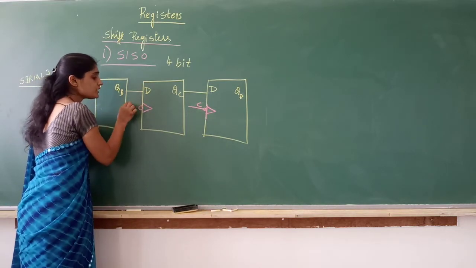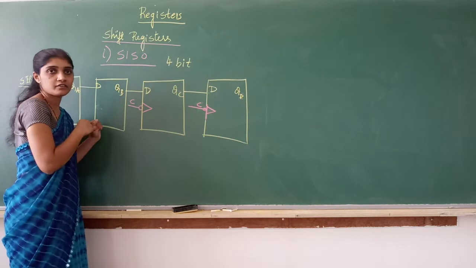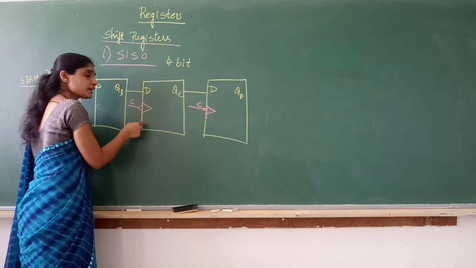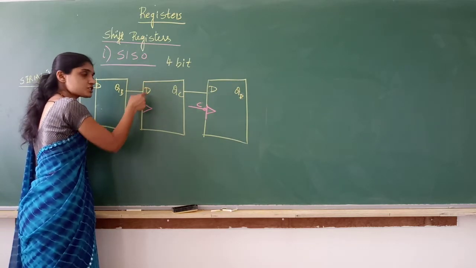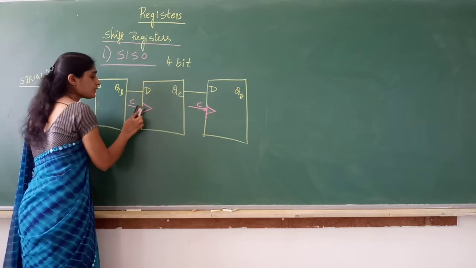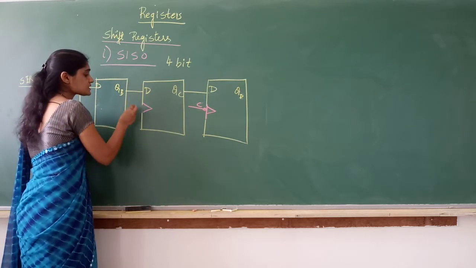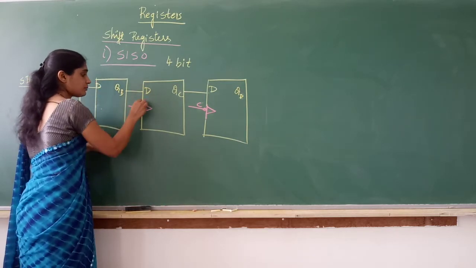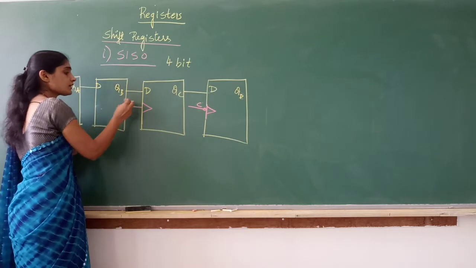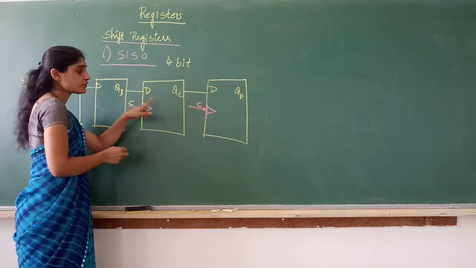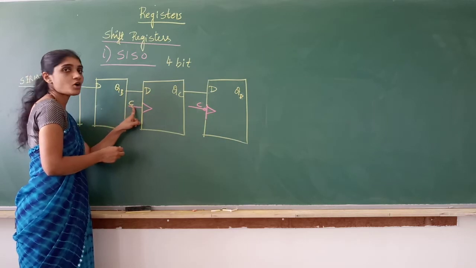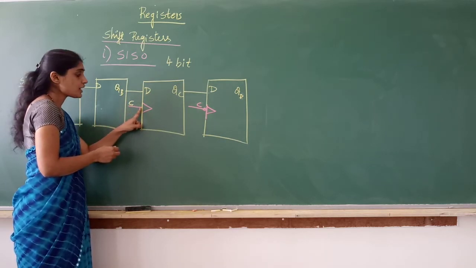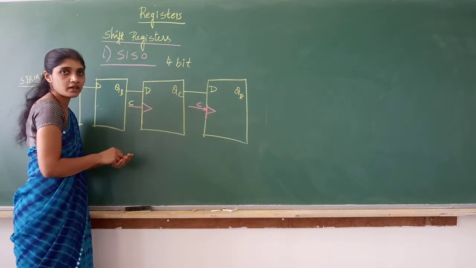A bubble here is nothing but negative edge triggered, whether it is a T flip-flop or JK, negative edge triggered JK or negative edge triggered T. If you are not writing a bubble, it indicates positive edge triggered. Flip-flops trigger only at the positive edge of the clock pulse. If you write a bubble here, that is a negative edge triggered flip-flop.